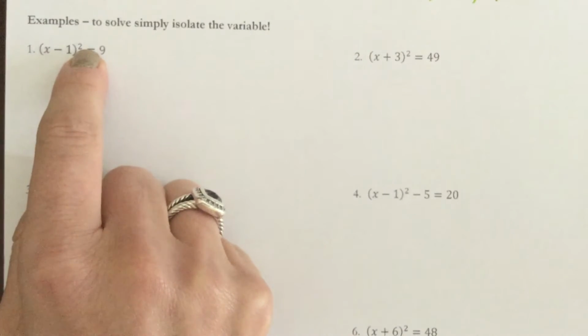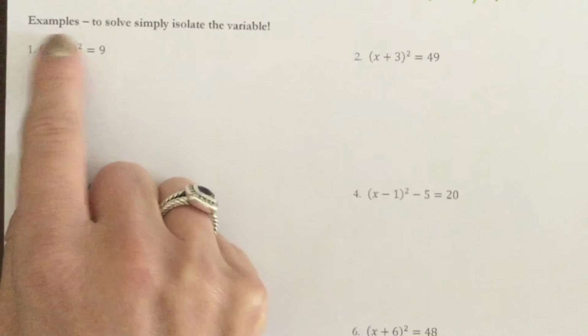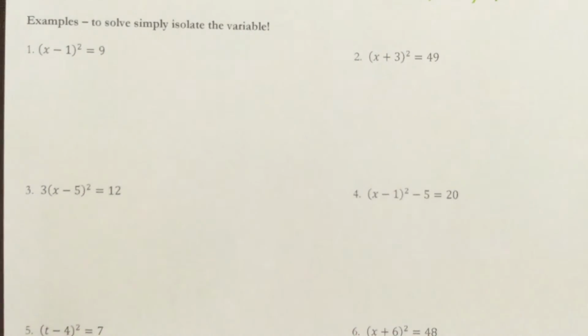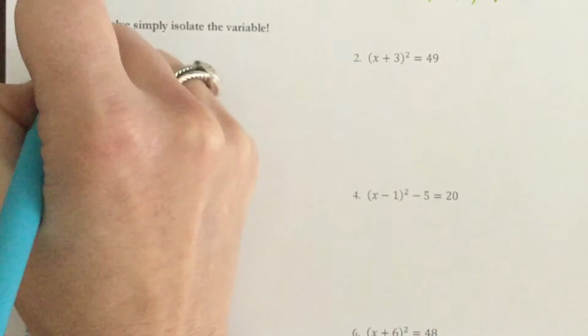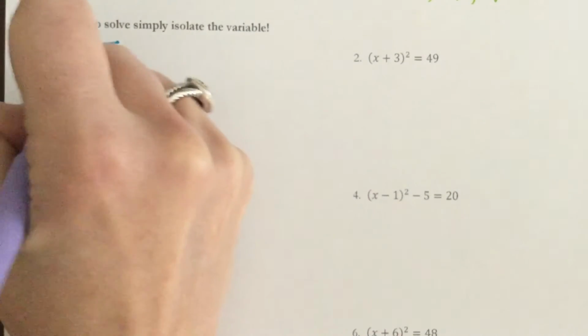And so to undo or unlock that square, we need to square root both sides. So if I square root here, I also have to square root on the right-hand side. The square root of x minus 1 squared leaves me with simply x minus 1.